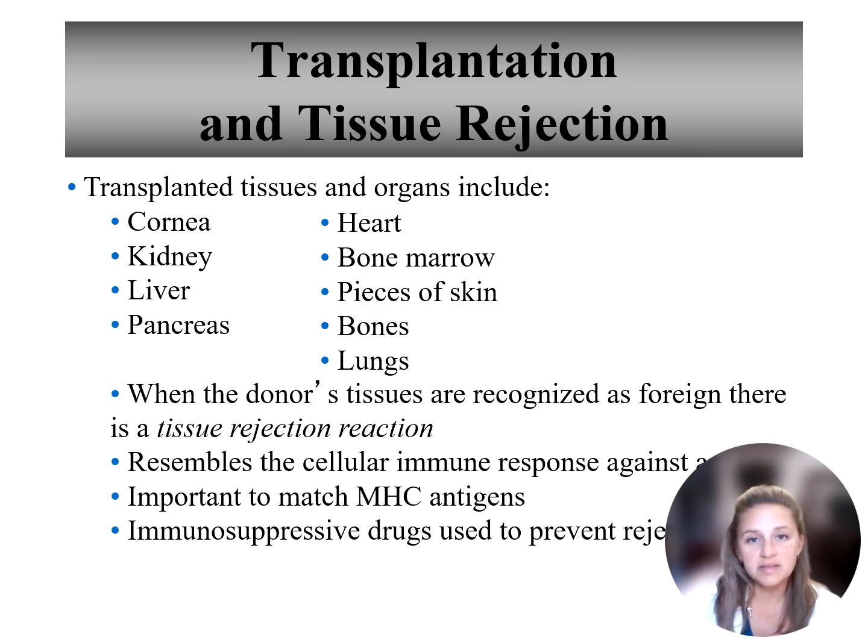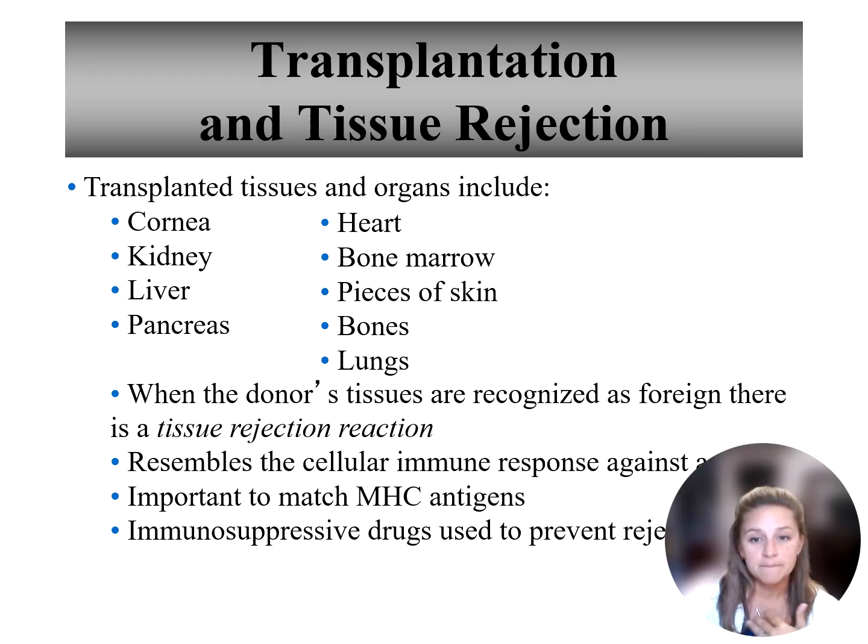Another thing to talk about in the immune system is transplantation and tissue rejection. If someone was to have an organ transplant or some sort of tissue transplant, there needs to be a lot of precautions and steps taken to make sure that the host and the donor have similar antigens, or that the patient receiving the organ is on some immunosuppressant drugs so that it can accept a donor tissue.